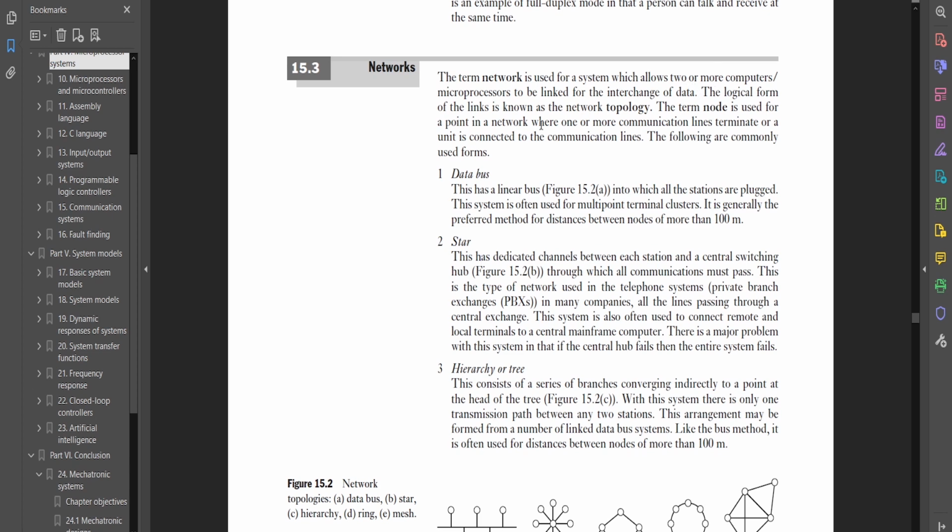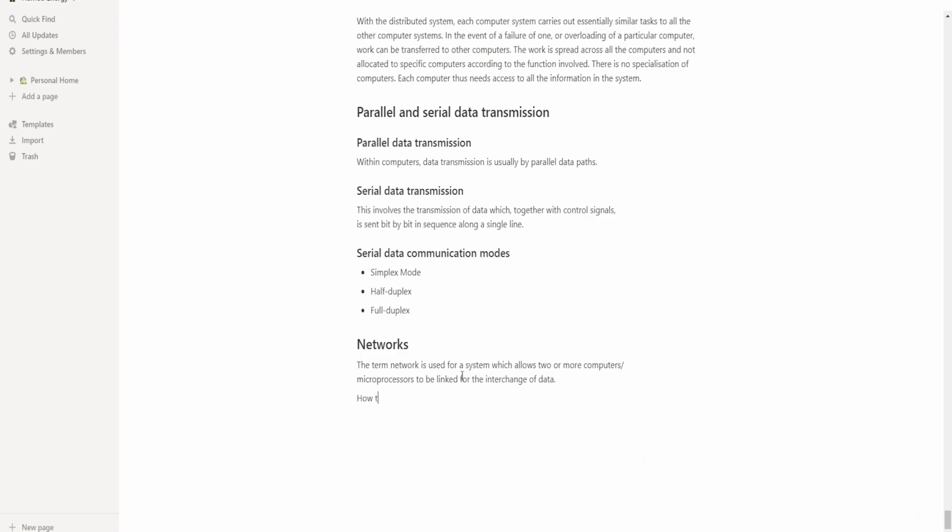Let's say the logical form of the links is known as the network topology. So how the network is formed is known as the network topology, right? Man, I can't spell.